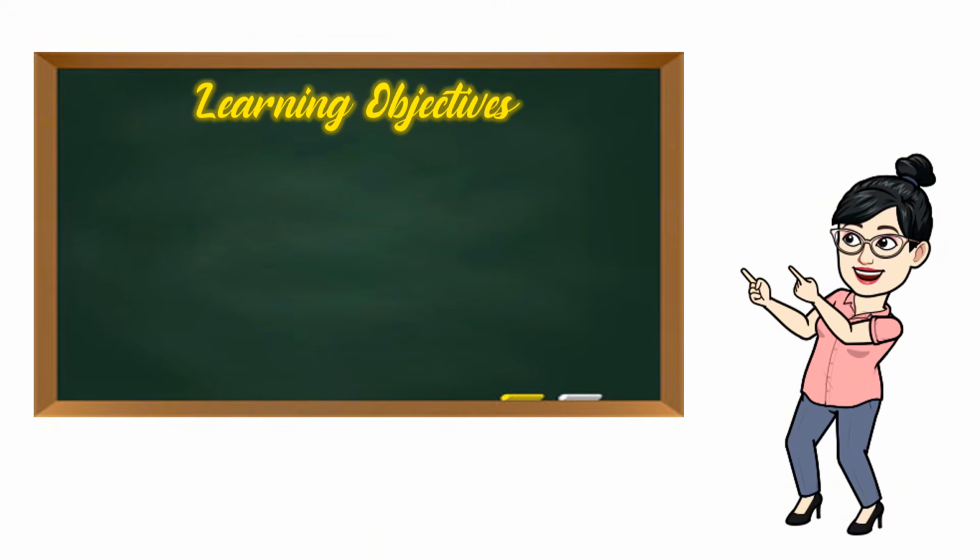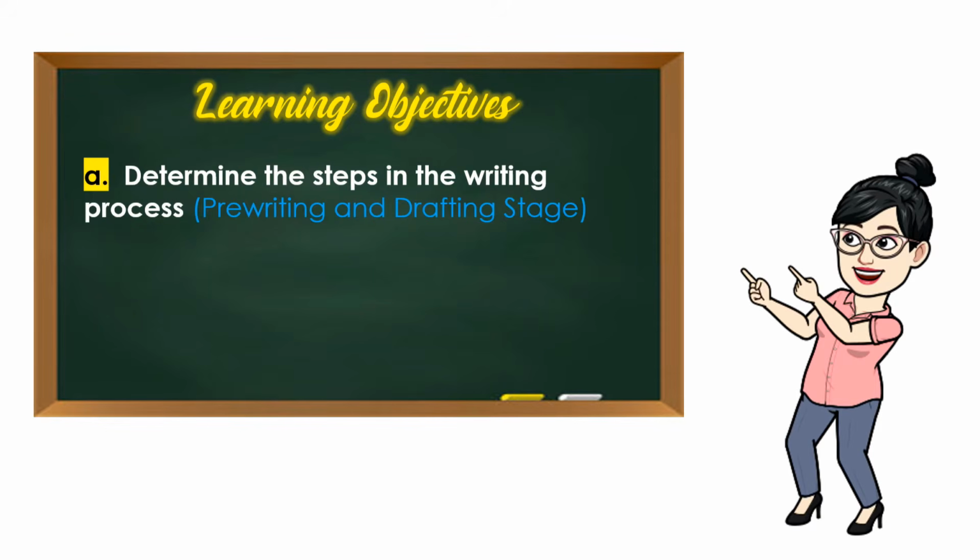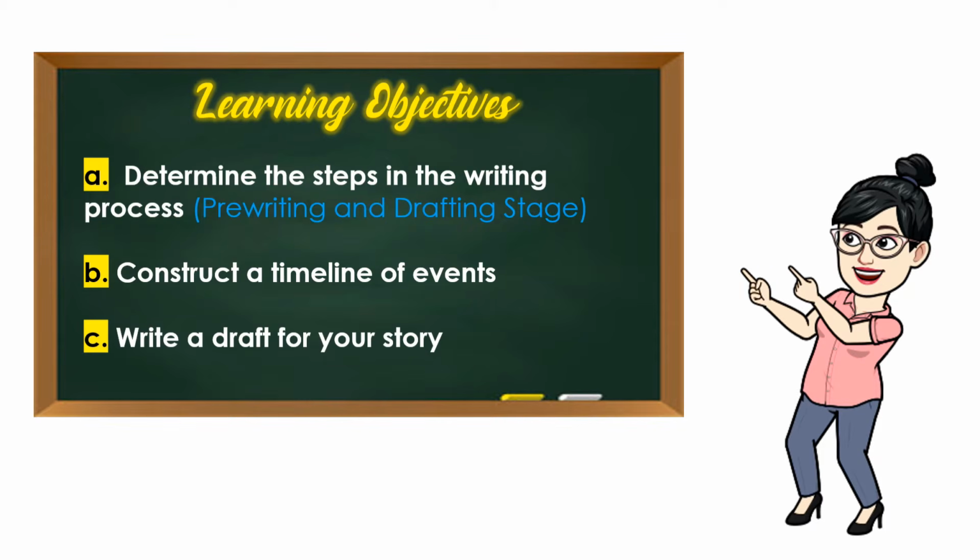For this video, we will focus on the following: determining the steps in the writing process, particularly pre-writing and drafting stage; constructing a timeline of events for a short story; and writing a draft of your short story.